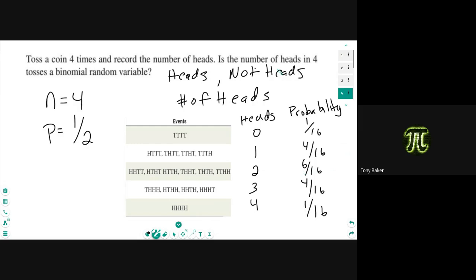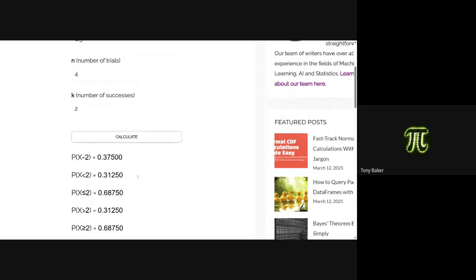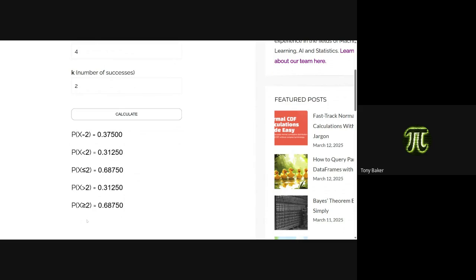Okay. So what this calculator does is this first one right here, it's telling me the probability that I would get 2 heads out of that number of trials.